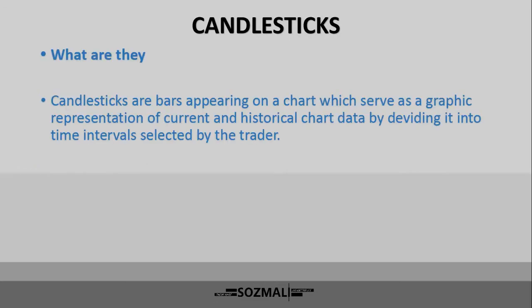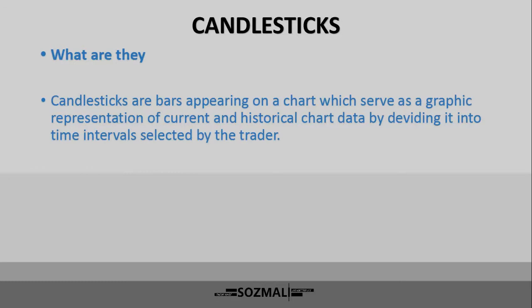So candlesticks basically are bars appearing on a chart that serve as a visual representation of both what's happening now and what happened in the past in terms of the chart price. The way that they work is that they divide that information into different time frames.